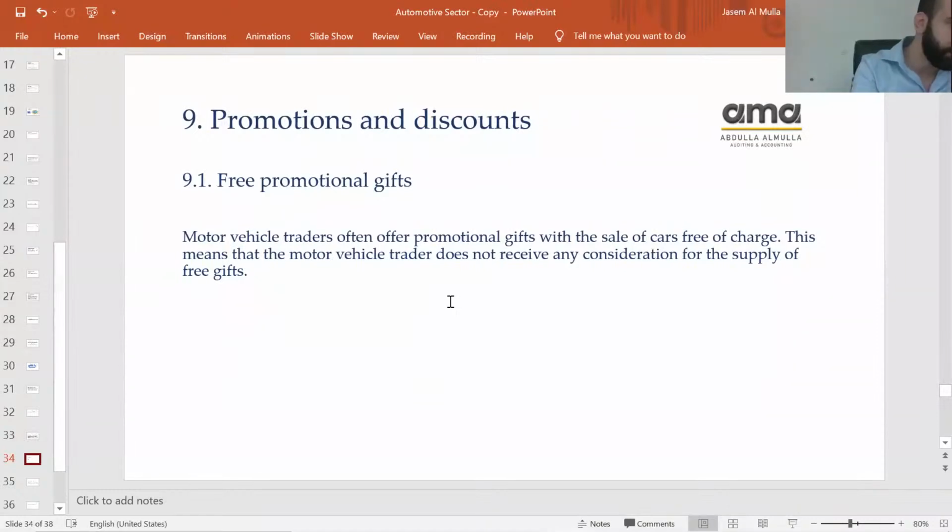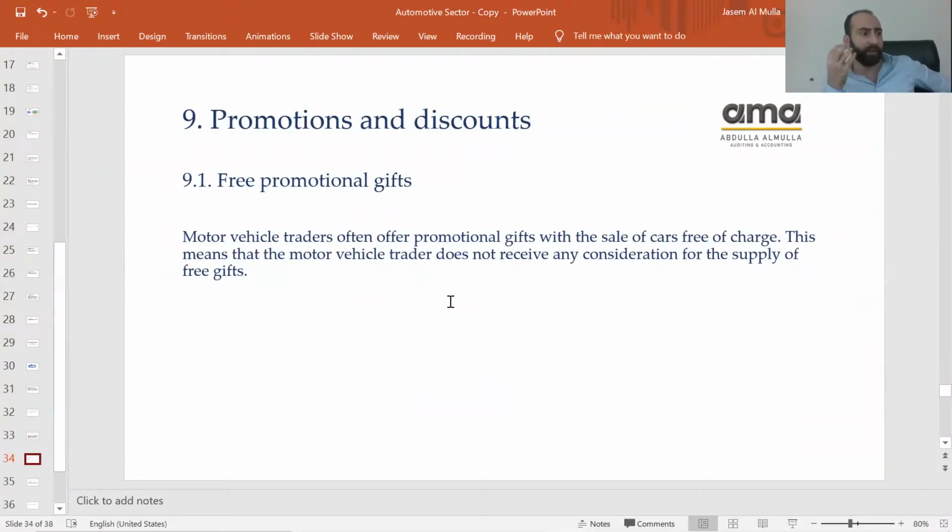Promotion and discount. Free promotional gifts. Motor vehicle traders often offer promotional gifts with the sale of a car free of charge. This means that the motor vehicle trader does not receive any consideration for the supply of free gifts.